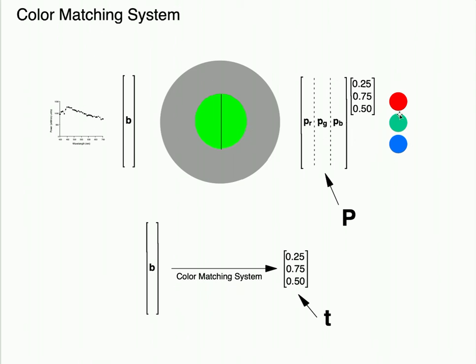If that's what the subject sets, and the subject is sort of the controller of the output of this measurement system, then these three numbers here are the match or the tristimulus values relative to this primary, because they appear identical to the subject even though they aren't physically the same.